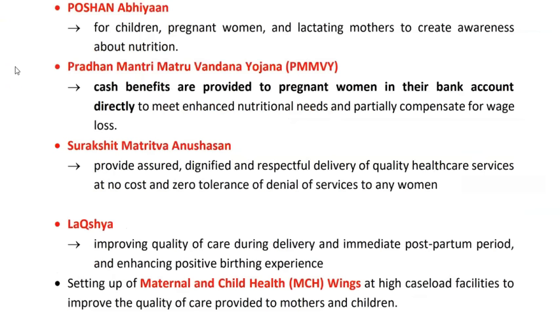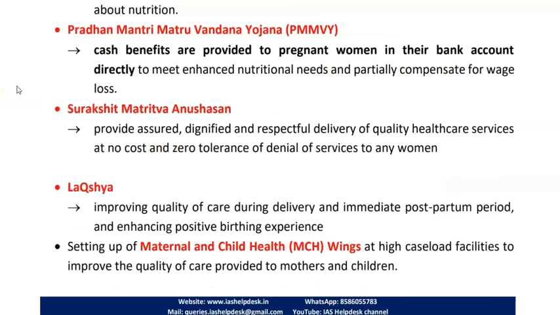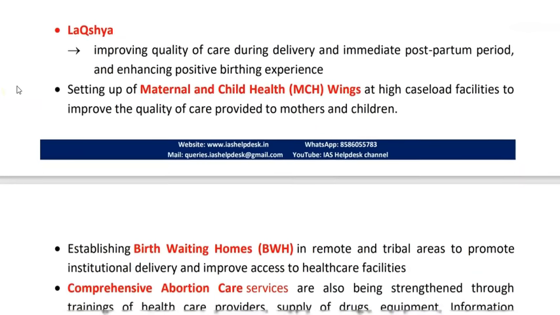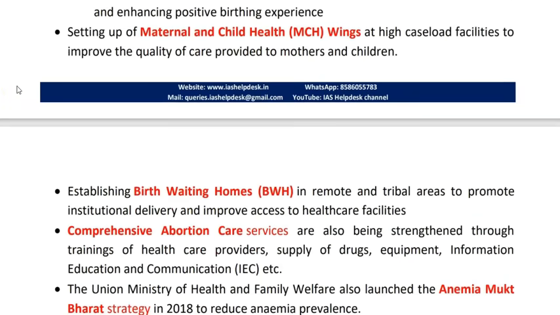And the next scheme is Pradhan Mantri Matru Vandan Yojana. Here, cash benefits are provided to pregnant women directly in their bank account so that they can meet the enhanced nutritional needs and partially compensate for wage loss. Likewise, there are several other schemes and initiatives taken by the government.